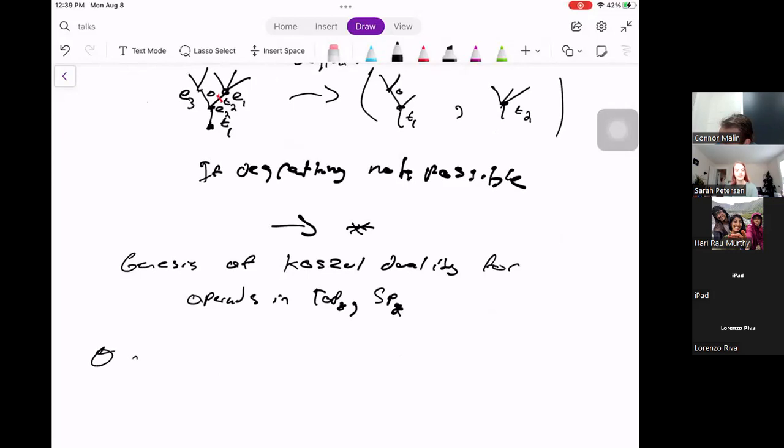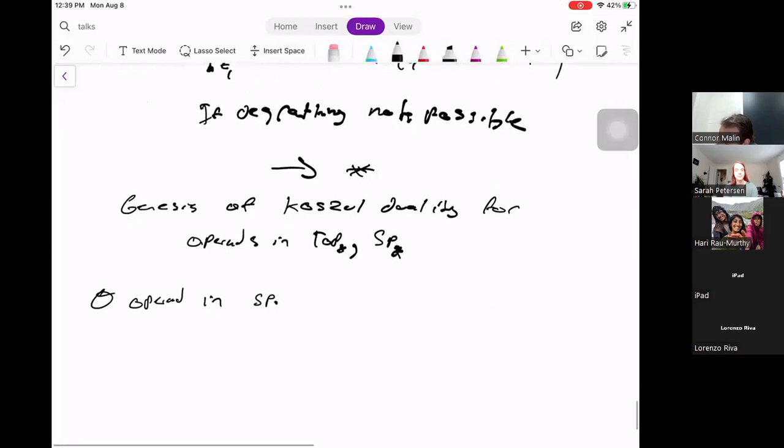Okay, so if O is an operad in spectra, then we define K of O to be equal to the bar construction of O. That's a co-operad, and if I dualize it, it becomes an operad.